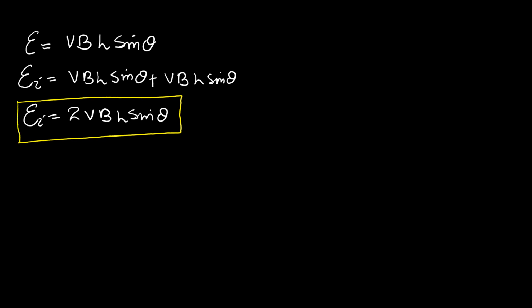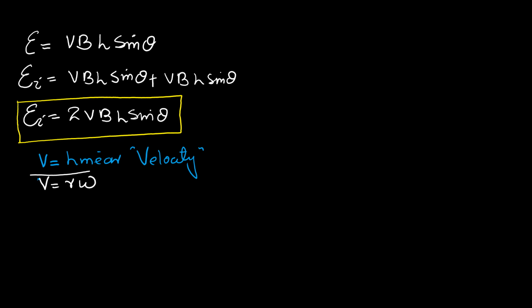So now, dear students, since you know that an AC generator armature is basically rotating, here in the equation, V is a linear velocity. So we need to change this linear velocity into circular or angular velocity. As you know, linear velocity V is equal to R into omega.